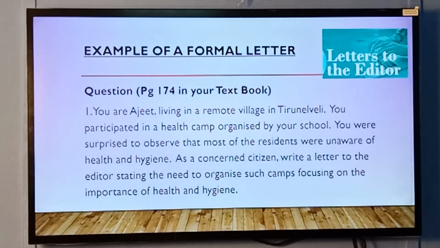You participated in a health camp organized by your school. You were surprised to observe that most of the residents were unaware of health and hygiene. As a concerned citizen, write a letter to the editor stating the need to organize such camps, focusing on the importance of health and hygiene.